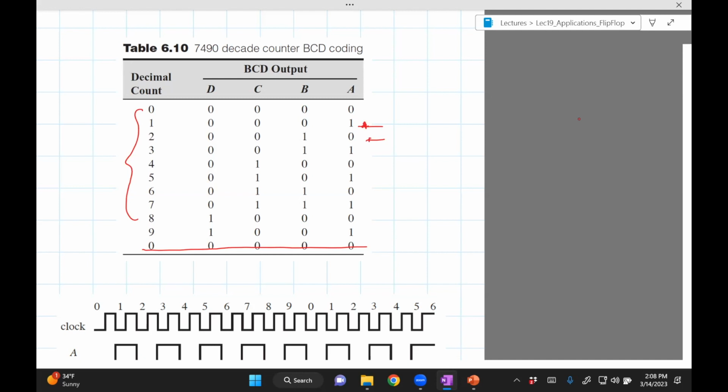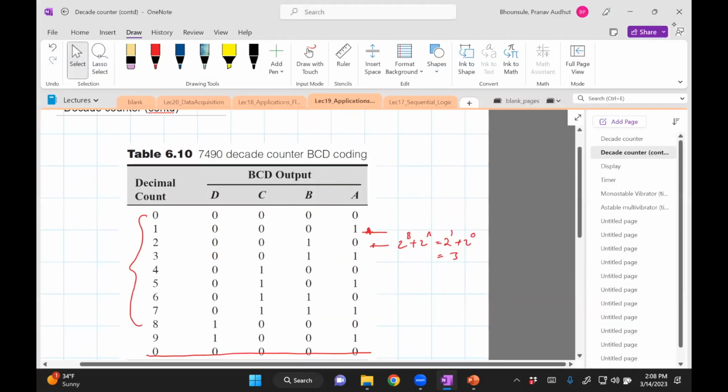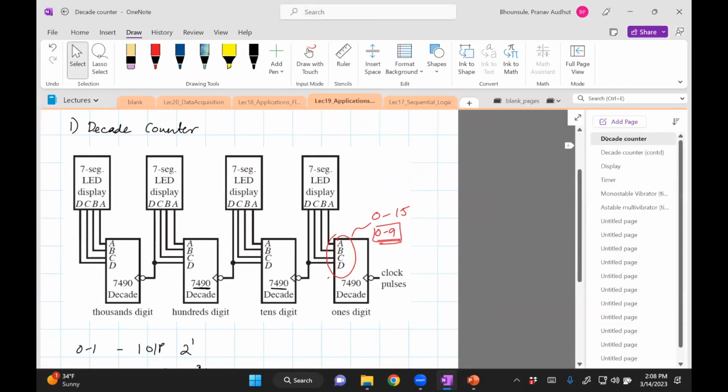This is essentially 2 raised to B plus 2 raised to A. So it's 2 raised to 1 plus 2 raised to 0, which is 3, right? And so on. So you can do that and you can count up to 9. So this is the output of each of these decade counters.